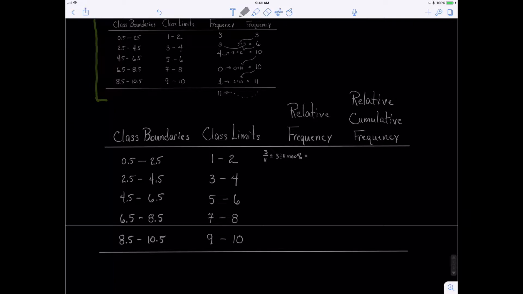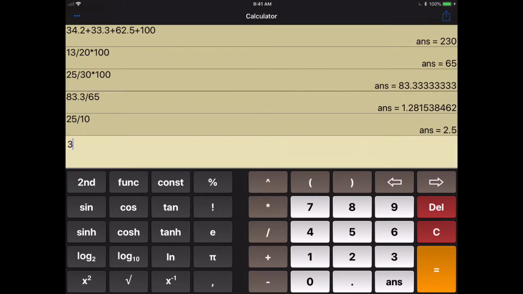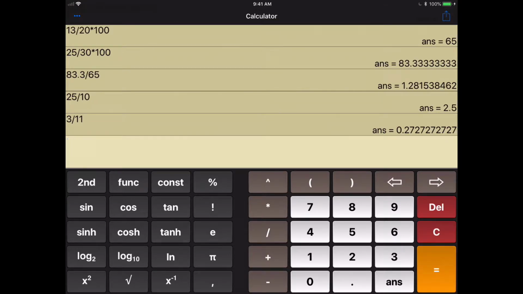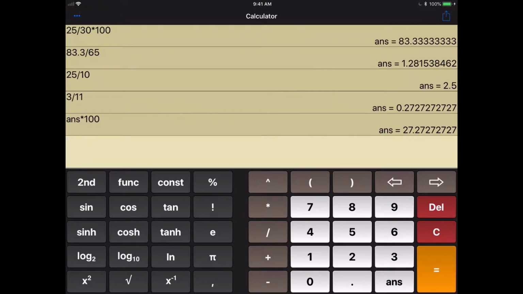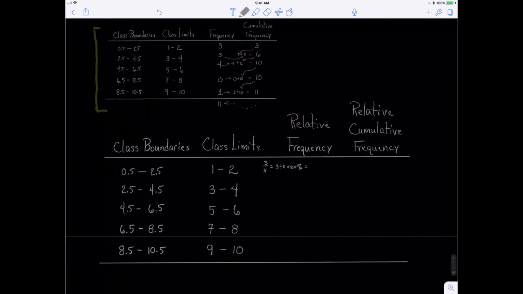I don't have that memorized, so I'm going to go over to Good Grapher and take 3 and divide it by 11. That's going to give me 0.27, and if I multiply that by 100 and take my information to the nearest tenth, that's 27.3%. Then we continue this process.